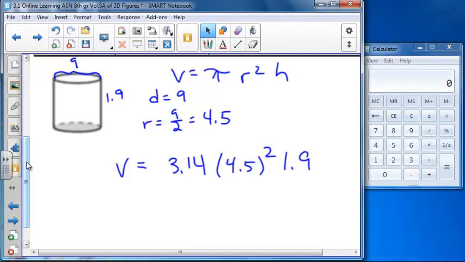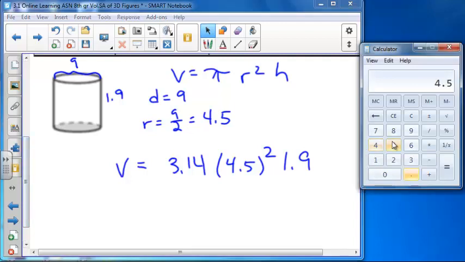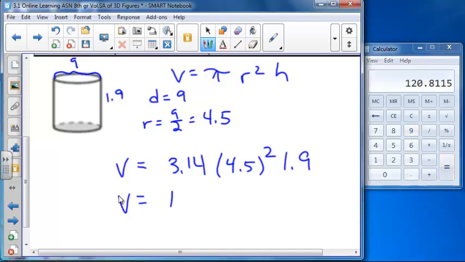We'll need to square 4.5 first. 4.5 times 4.5. Next, we'll multiply by the approximation of pi. Next, we'll multiply the height. The volume of our swimming pool is 120.8115.